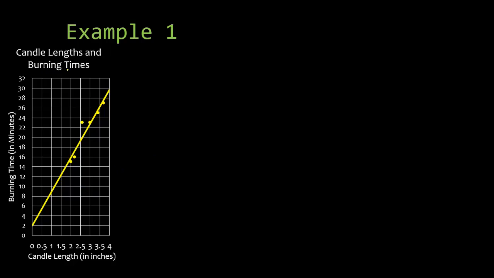Okay, first look at the title, candle lengths and burning times. So we have our burning time as our y-axis, so that's our burning time in minutes. So all these numbers represent time in minutes. And this is a candle length in inches, and notice it goes up by 0.5 each time. So 0, 0.5, 1, 1.5, so on and so forth.